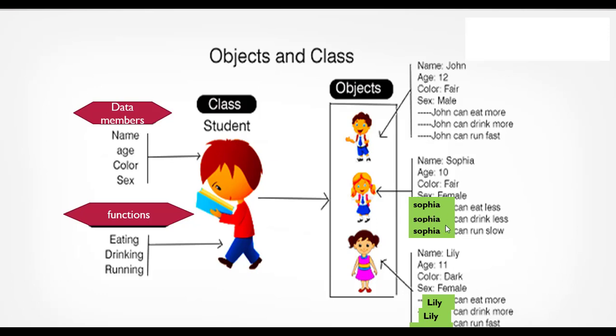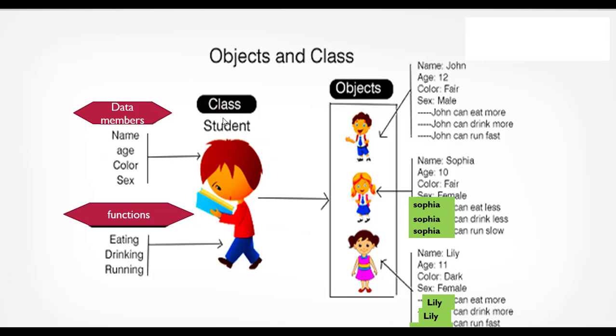Sophia can eat less, can drink less, and can run slow. These are the methods or functions of student Sophia. Again, we have one more student, Lily. Her age is 11, color is dark and sex is female, and Lily can eat more, drink more, and run fast. These are the functions of this student Lily.